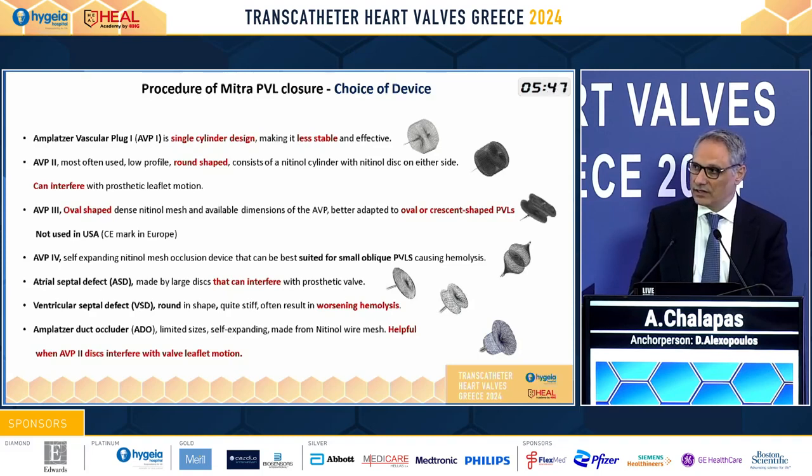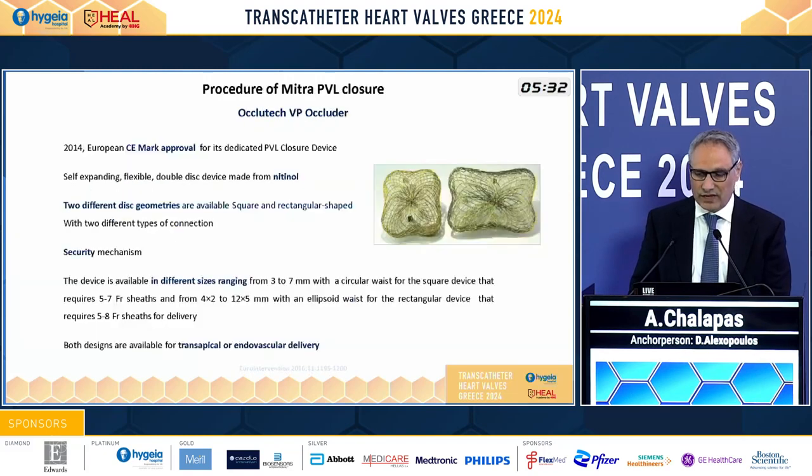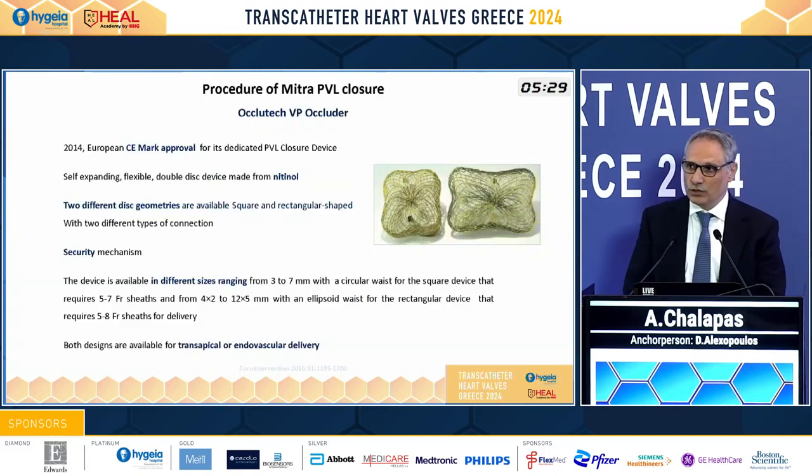The AVP3 has CE mark approval in Europe, but not at the moment FDA approval. However, we expect the data from the PARADIGM study, which is going to give us new insights regarding the AVP3 in such defects. Up to now in Europe, the only dedicated device is the Occlutech.